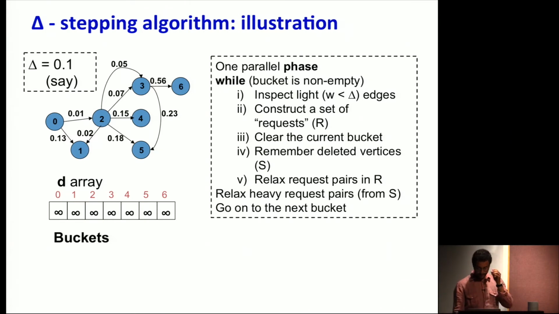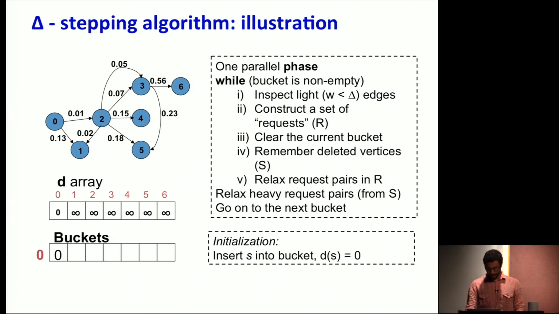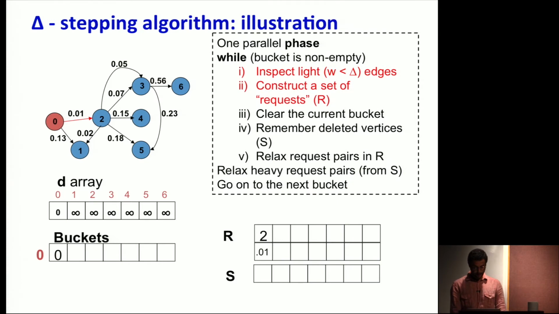So let's start with an example again. At the initial phase, we start with vertex 0. There is only one bucket, and we relax its edges. We will only relax its light edges, meaning that if an adjacent vertex is farther than delta away, we won't relax it immediately. In this case, the edge that goes from 0 to 1 is a heavy edge.